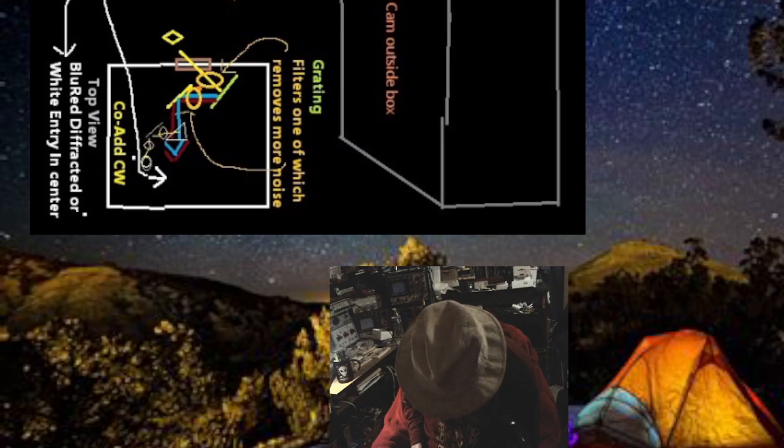Now the entry point doesn't have to be, I mean it probably could be centered, on the slit here. So this is 30. This is a right angle. 30. And then this one is a right angle. That's 30.